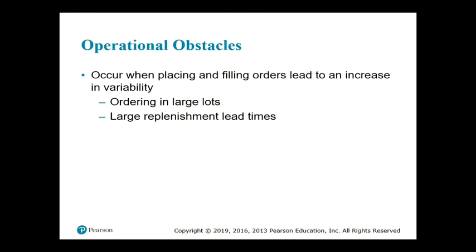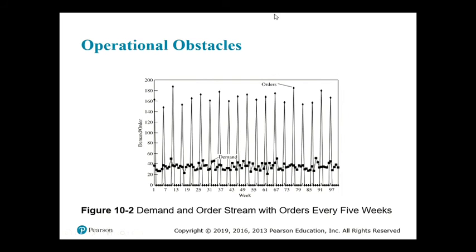So if we look at this figure, say this curve is demand, and we fix the order lead time to be 5 weeks, and the order interval to be 5 weeks. So we order every 5 weeks.